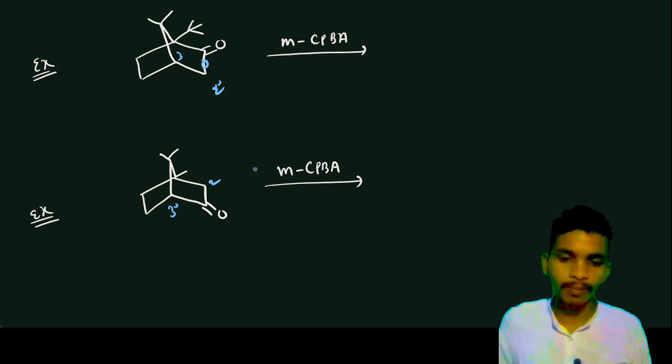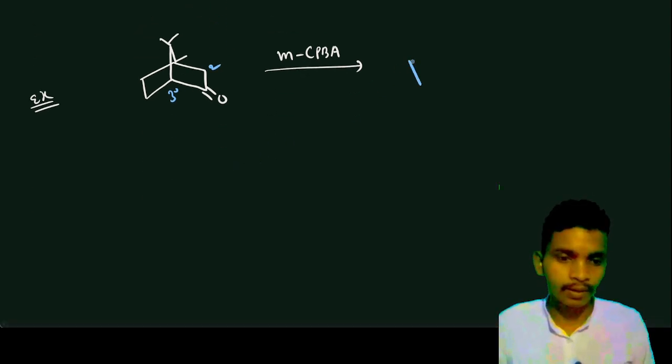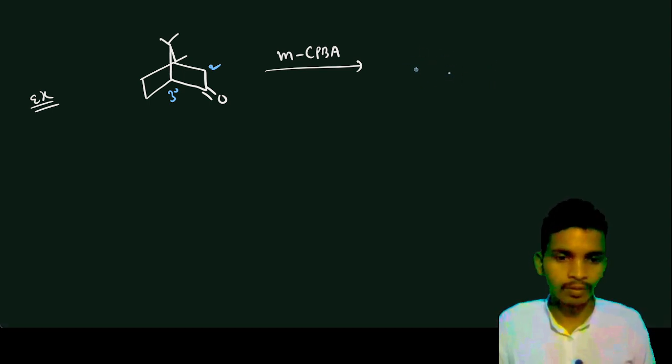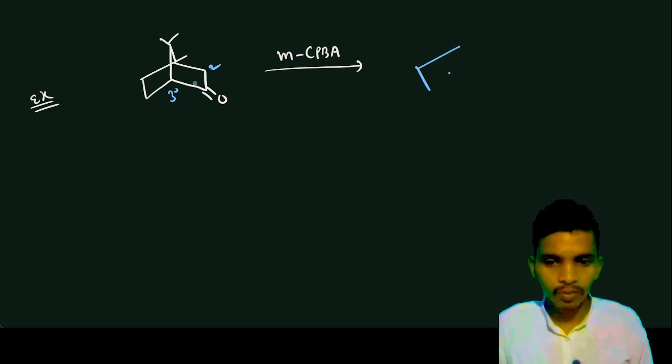So here what will happen in this case? This is 2-degree, so O should add here, but O will add here because there is not much steric hindrance, but still it will add here.